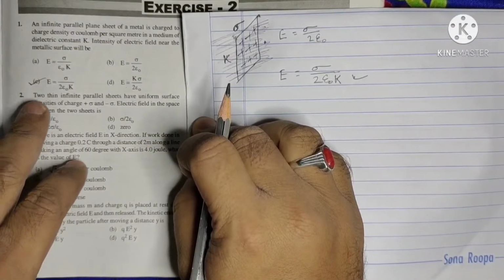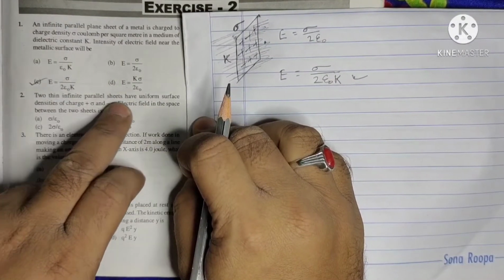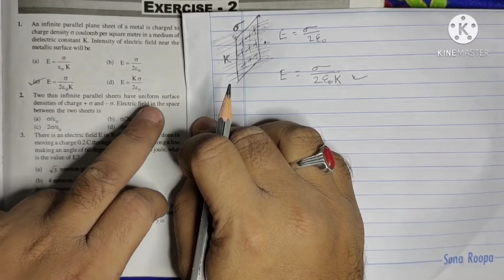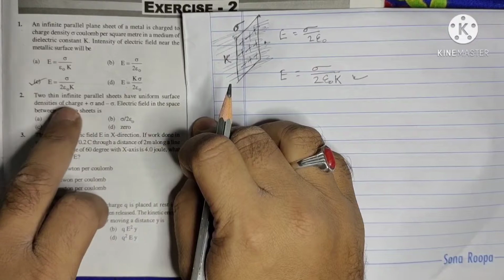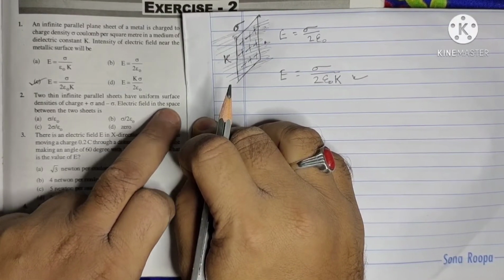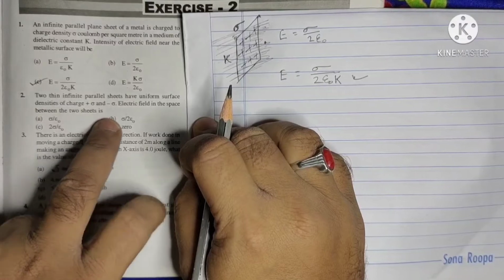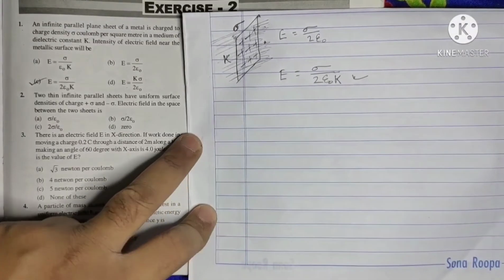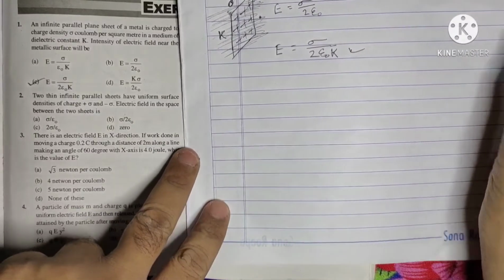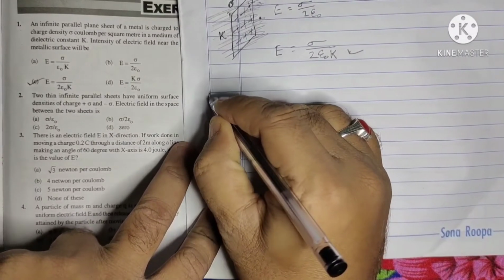Now second question. Two thin infinite parallel sheets have uniform surface density of charge plus sigma and minus sigma. Electric field in the space between the two sheets is. So he is telling that there are two plane sheets.